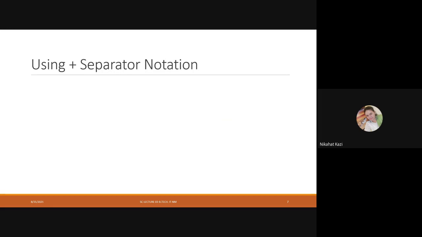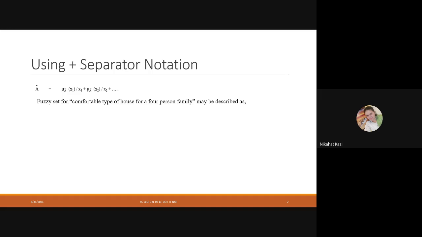Next is the plus separator notation. In the plus separator notation, instead of the comma you use the plus, and there is a numerator-denominator kind of notation used here. So it is basically the membership divided by the element. That's not actually division, it is just a notation.